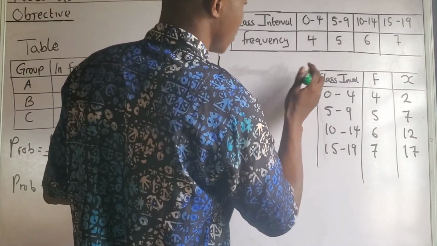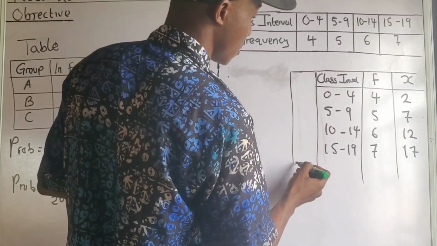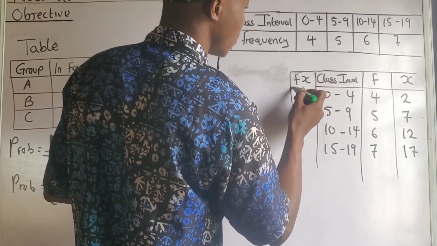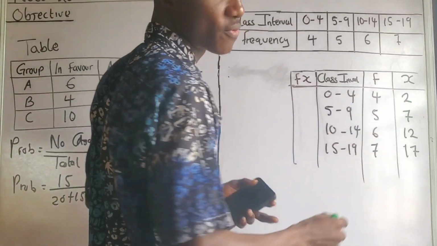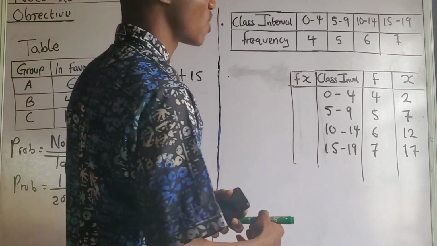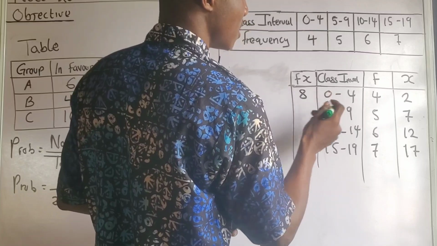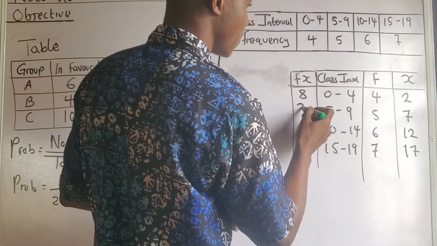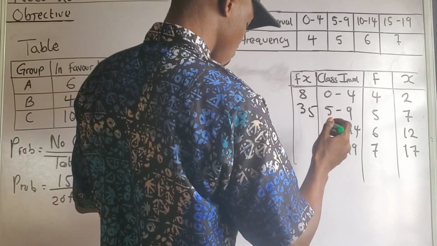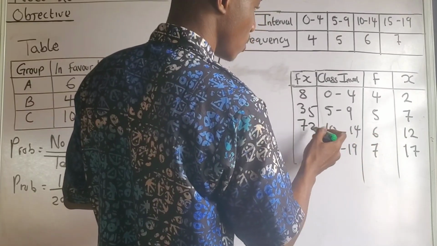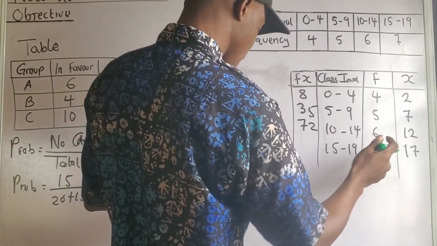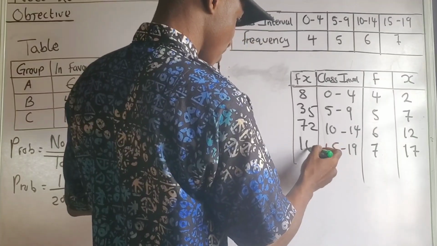So fx means the frequency multiplied by the values of x. So I'm going to have 4 times 2, that is 8. 5 times 7, 35. Then 12 times 6, that is 72. 7 times 17, that is 119.